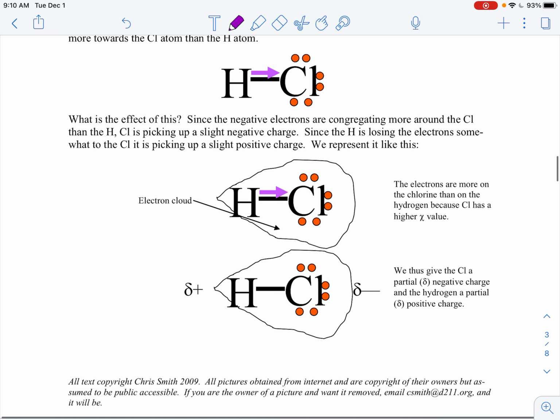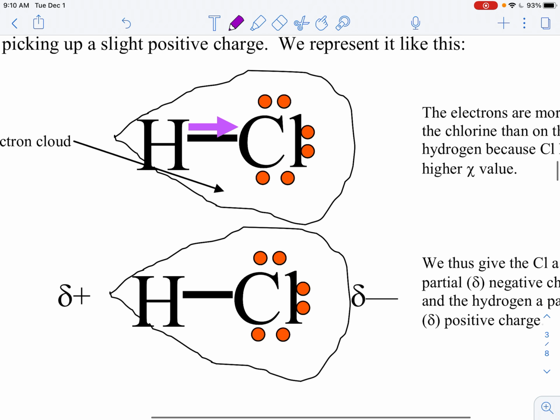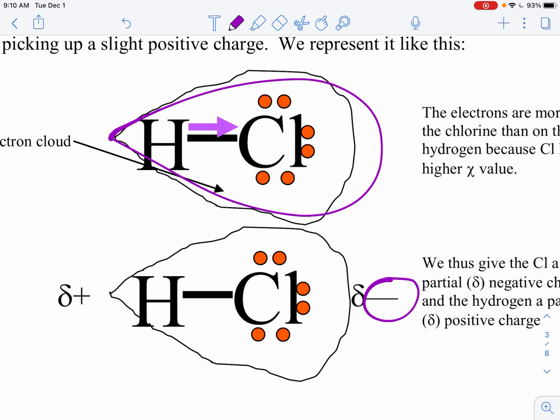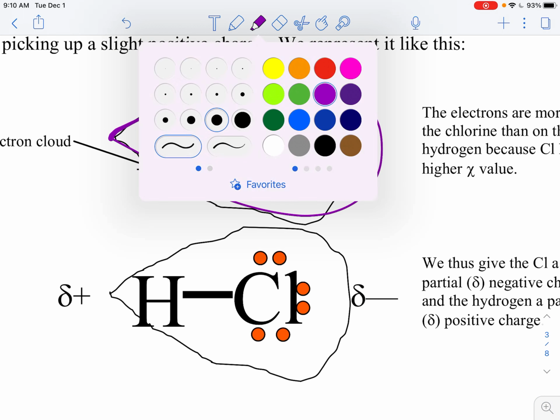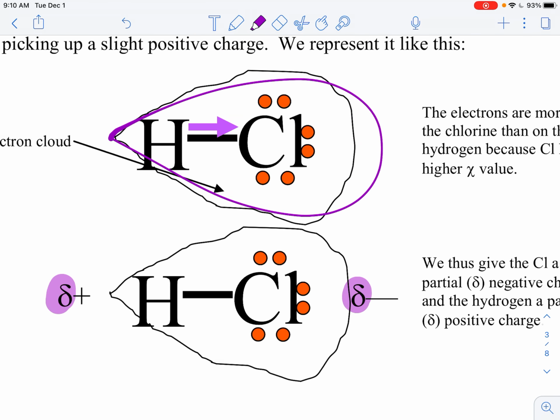So what you end up getting then is a shift of the electron cloud over here, and you end up with a negative on one side and a positive on the other side. New symbol for you. New symbol is this guy here, this little scripty looking thing that's almost an 8. That means partial.